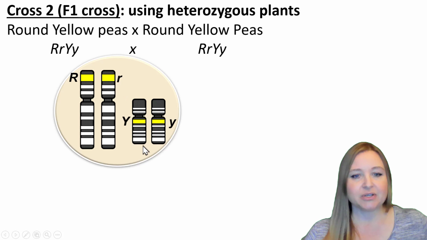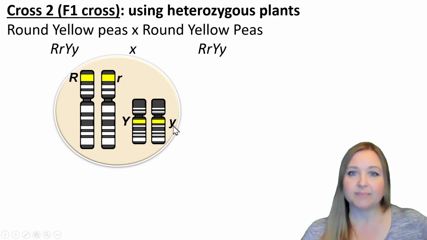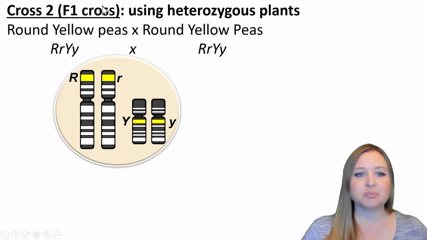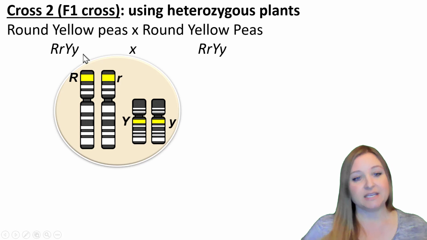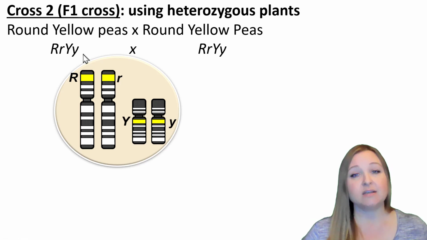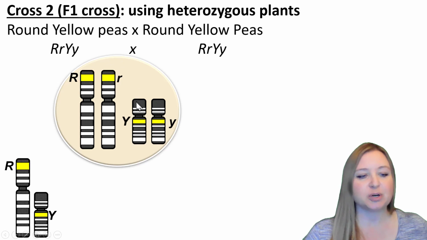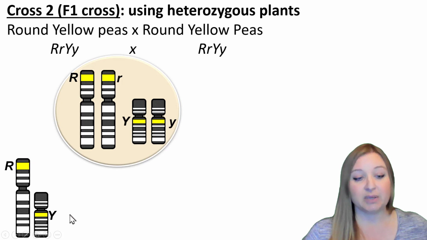Now, the same scenario occurs on a different chromosome with big Y and little y. So now when we figure out what can possibly be the combinations in the sperm, well, when these pairs are separated into different sperm, we know that this chromosome could end up separating with this chromosome. And so one sperm could be big R, big Y.